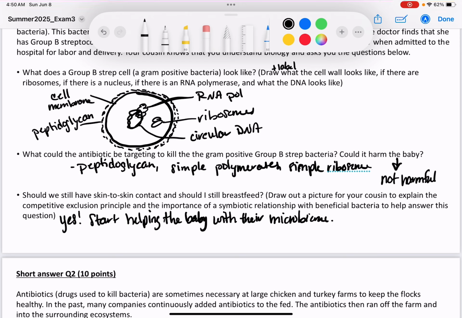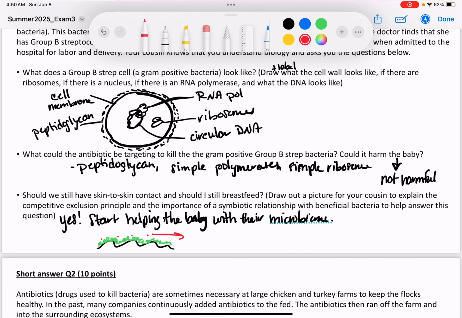Remember the competitive exclusion principle, where if there's good bacteria there, then when a baby encounters some bad bacteria, it won't be able to harm it. It will just go straight out its system, right?